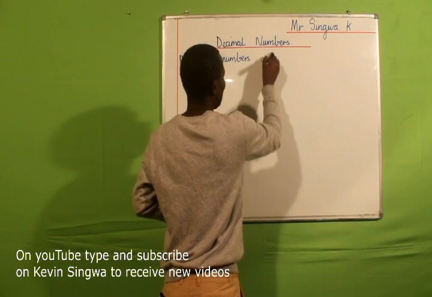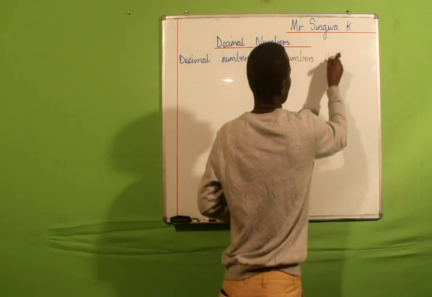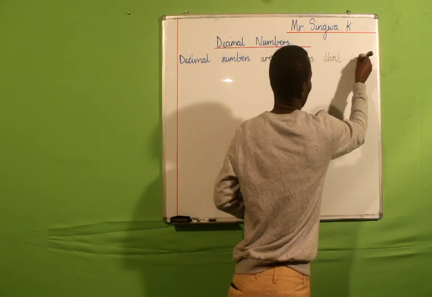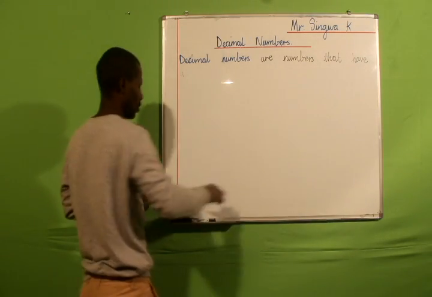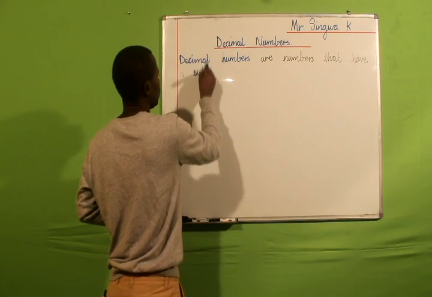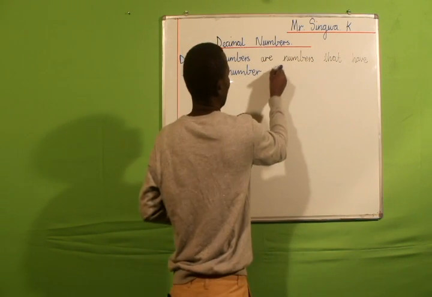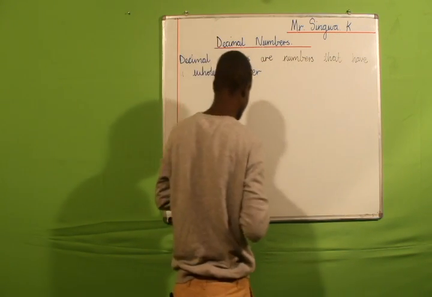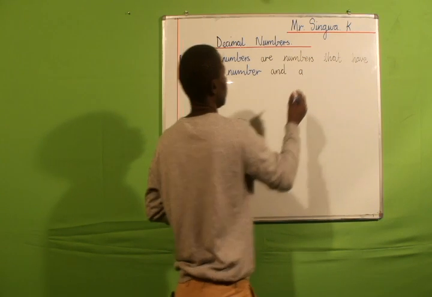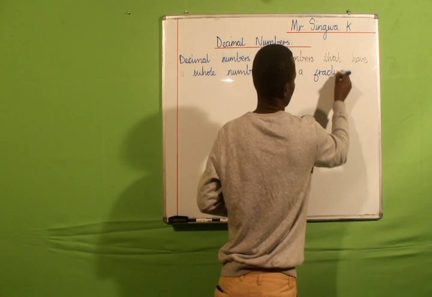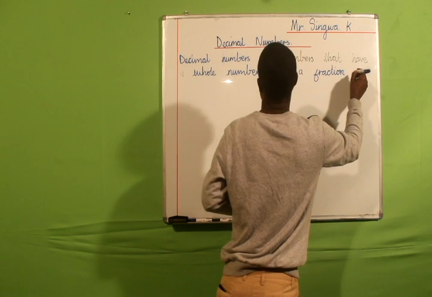Decimal numbers are numbers that have a whole number and fraction number.